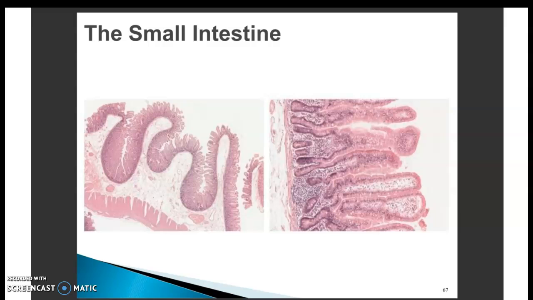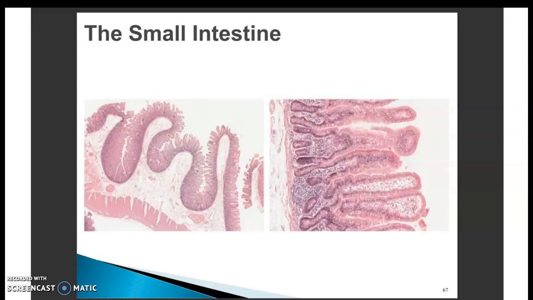This is a micrograph of the small intestine. In the first photograph, it has something called villi, which is the purple thing sticking out in the photograph. It is also visible in the second photograph to the right, but the longer structures are called villus. The purpose of the villi and the villus is to help increase the surface area of the small intestine.